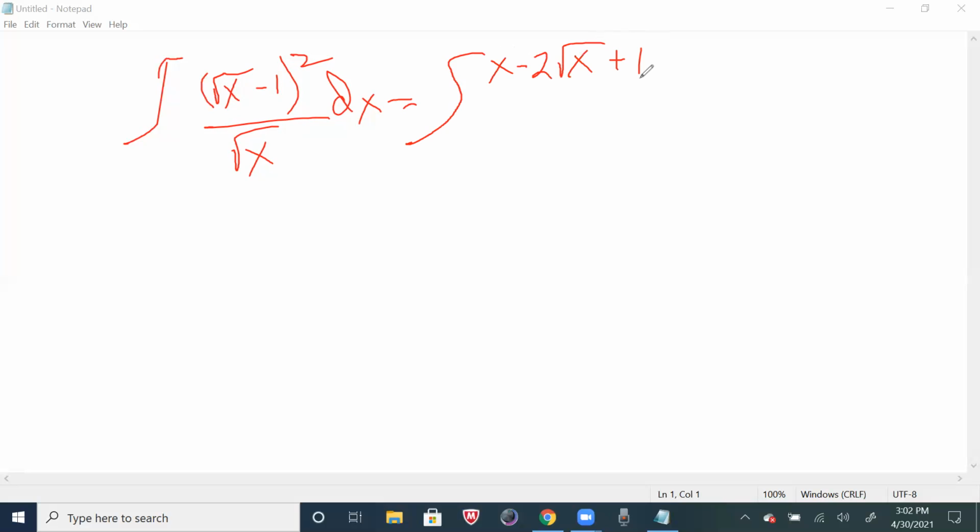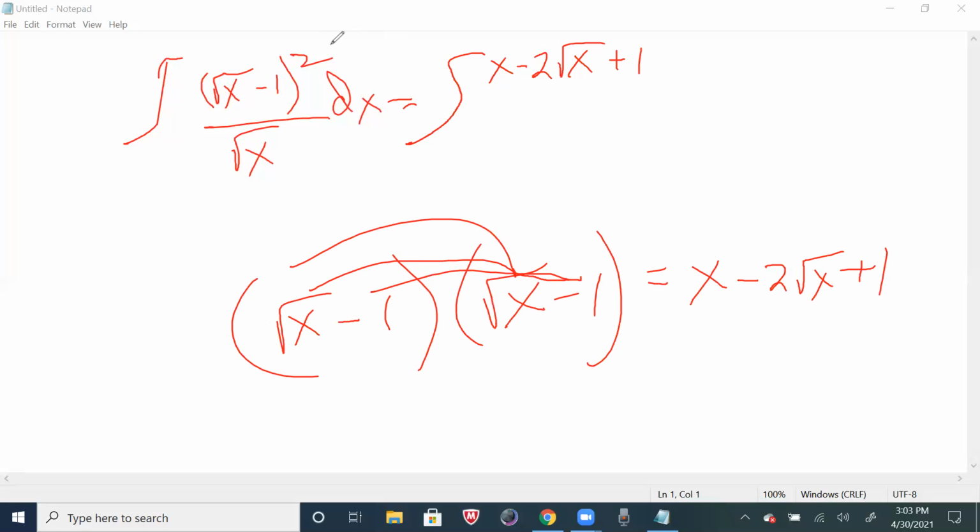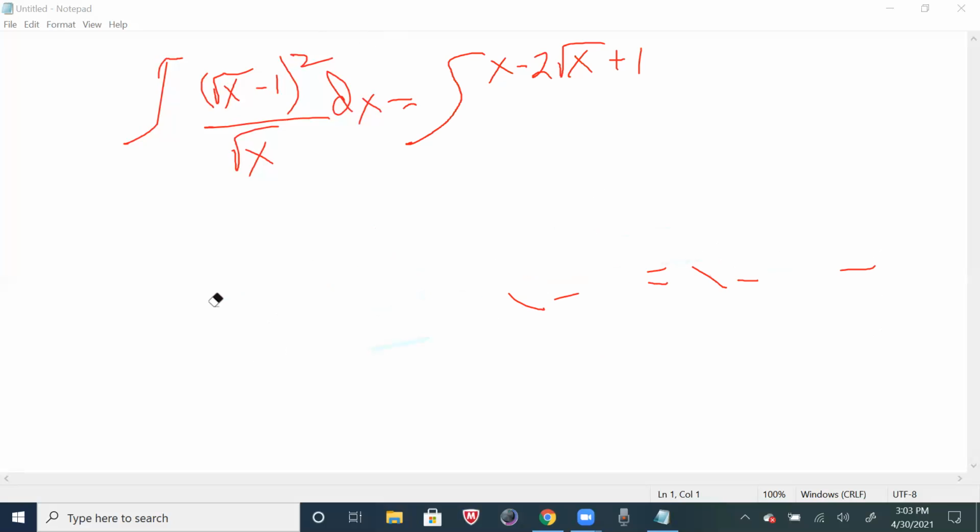In other words, if we're squaring the square root of x minus 1 times the square root of x minus 1, that is x, that's minus 1 square root of x, that's another one, so that's where I get the 2 square root of x, and then minus 1 times minus 1 is plus 1. And all of that is over the square root of x.